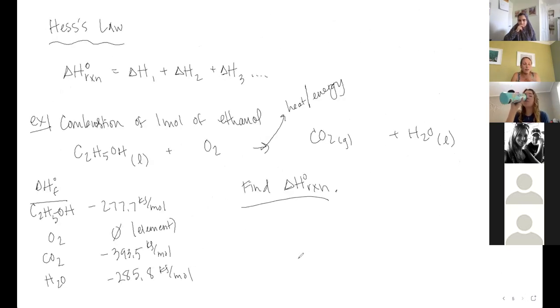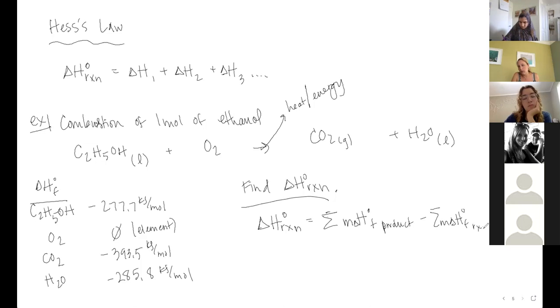Or you can do it even simpler and remember that the change in enthalpy of a reaction is equal to the summation of the mass times the change in enthalpy of formation of our products minus the mass times the change in enthalpy of formation of our reactants, which is really just like the enthalpy of our products minus the enthalpy of our reactants, which you've probably seen in chemistry before. So the very first thing that you need to do is balance this equation always.